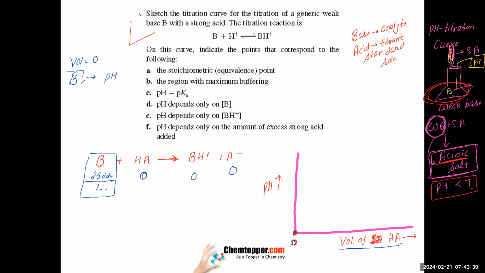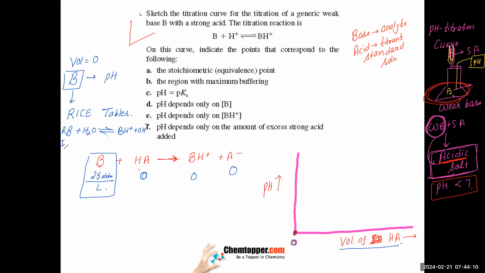And for the weak base, if you remember, we have to make the RICE tables. You will put base into water. Remember, we did many questions in which we were calculating the pH of weak bases. B + H2O gives BH+ and OH-. Then this is the reaction.